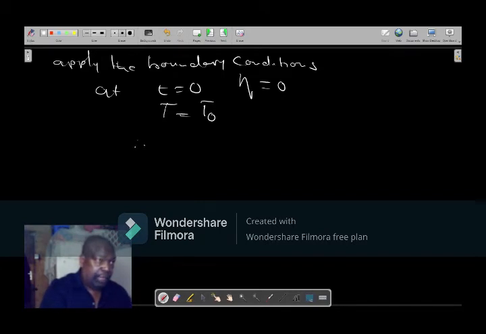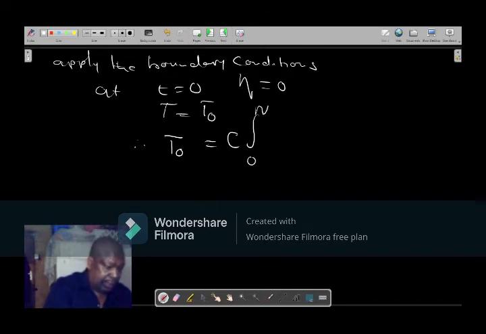So plugging back into our equation, we have t naught equals c times the integral from 0 to eta of d eta, because eta raised to the power of 0 is equal to 1, plus now our constant of integration c2.